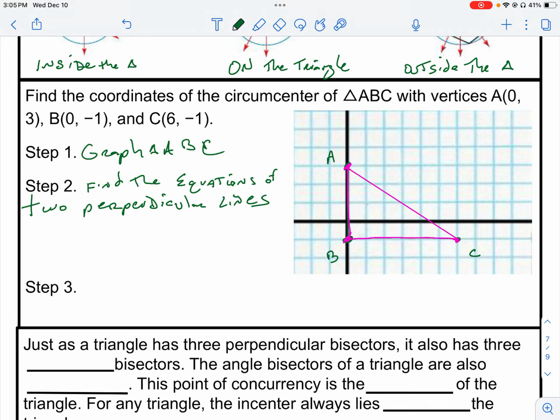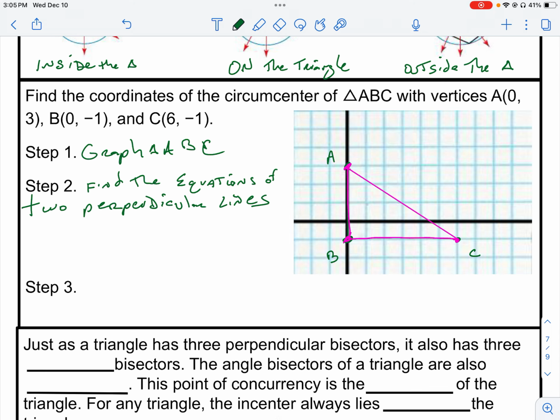Why are we only finding 2 when we have 3? Well, 2 perpendicular lines are going to meet at the same point where all 3 are going to meet. So we only got to find 2 of them. So we can eliminate a step and still get the same results.